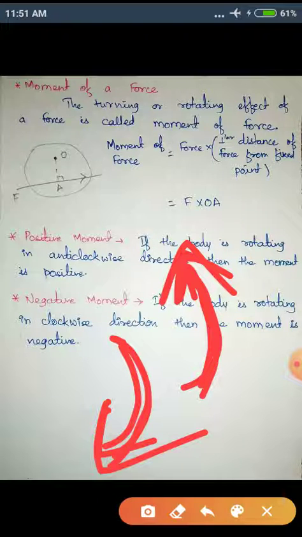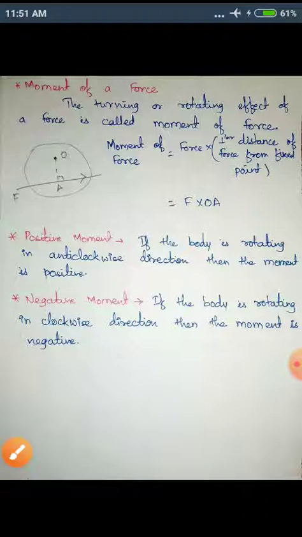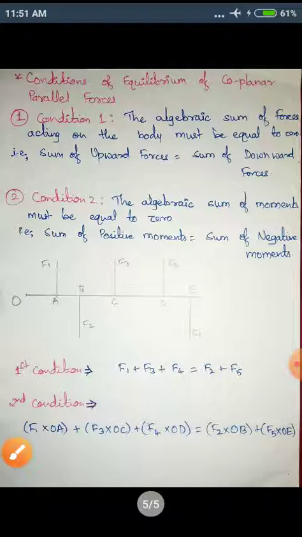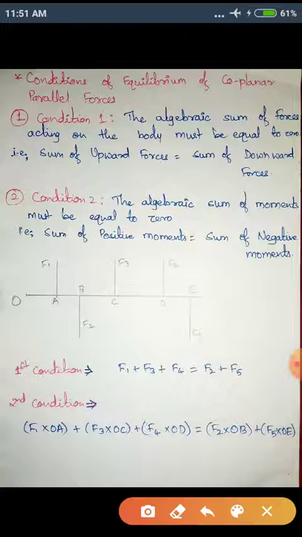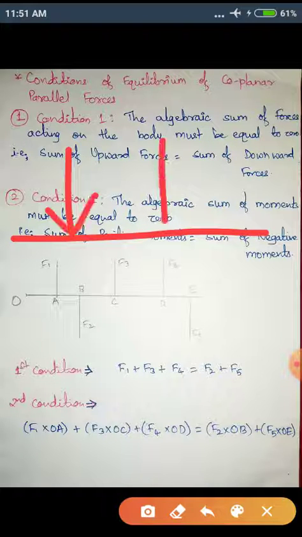So we will see the two conditions for equilibrium of coplanar parallel forces. First, what are coplanar parallel forces? Coplanar forces are the forces acting on the same plane. There are many forces acting on this plane. These three forces are parallel with each other.